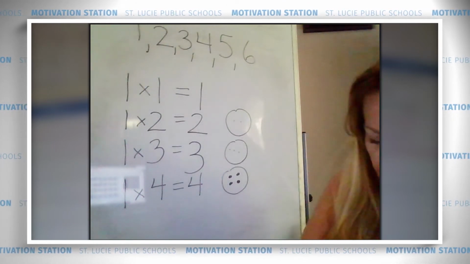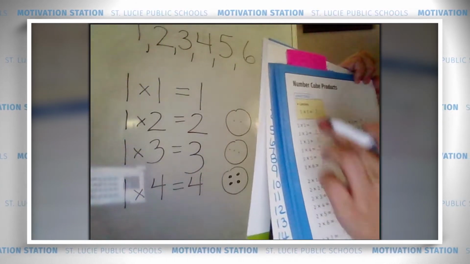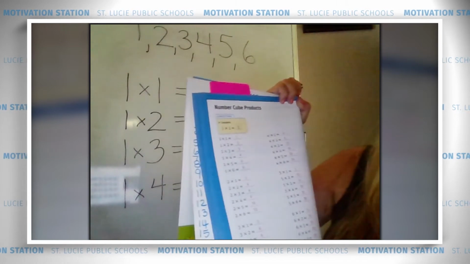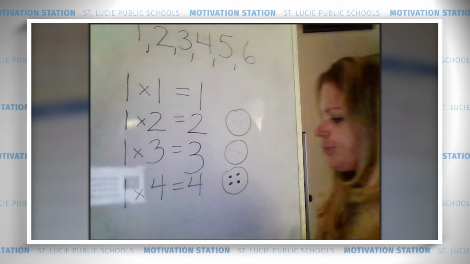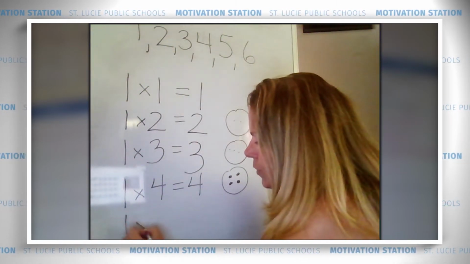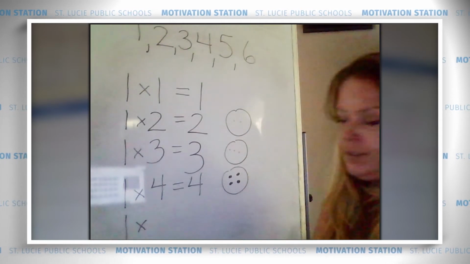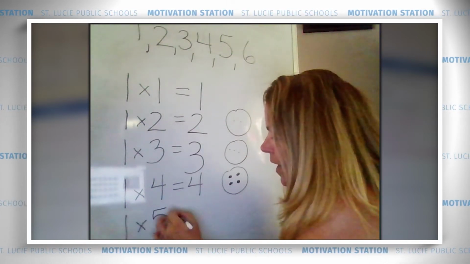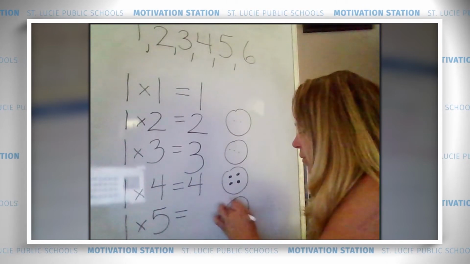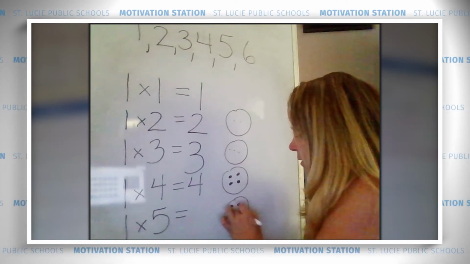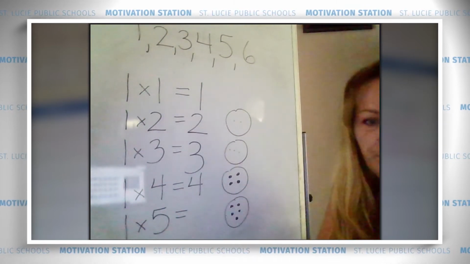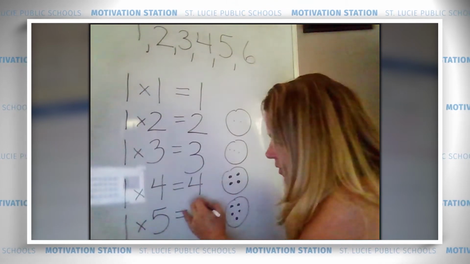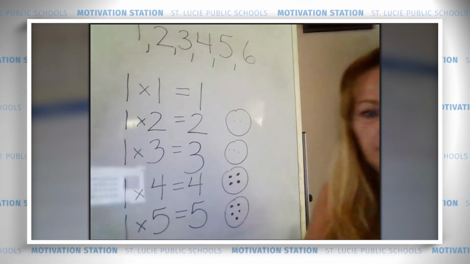You should be writing these answers in that first section on page 28 of your workspace book. All right, so then let's say I rolled a factor of 1 and then a factor of 5. So I've got one group of 5, and my product would, of course, be 5.